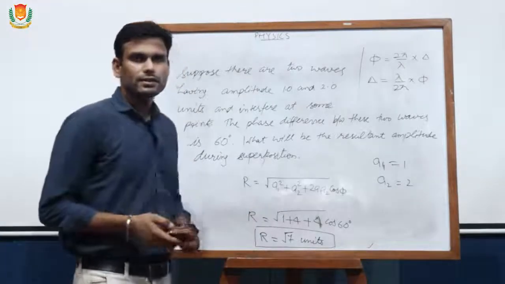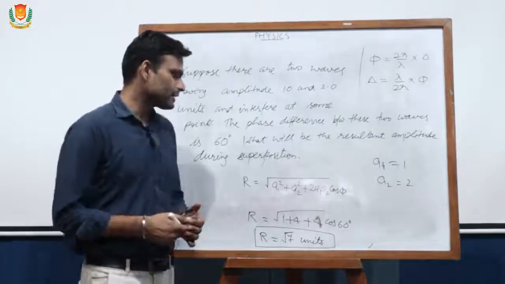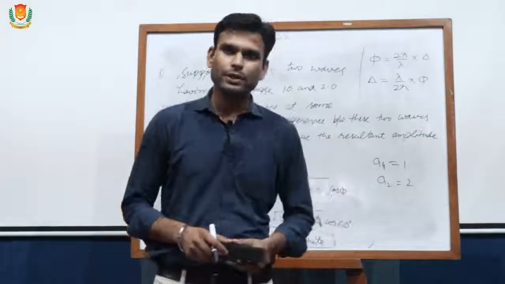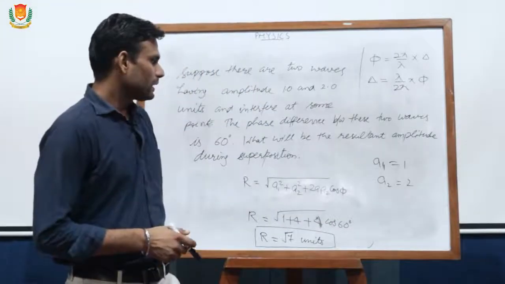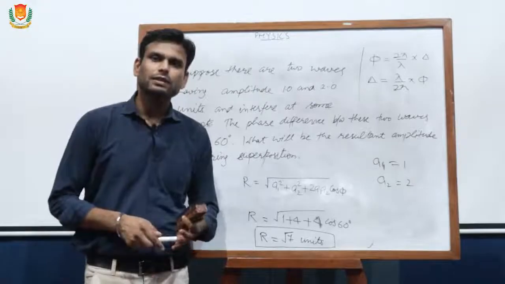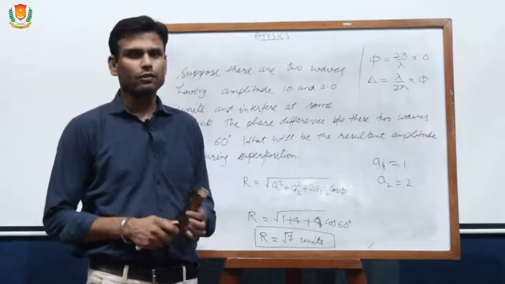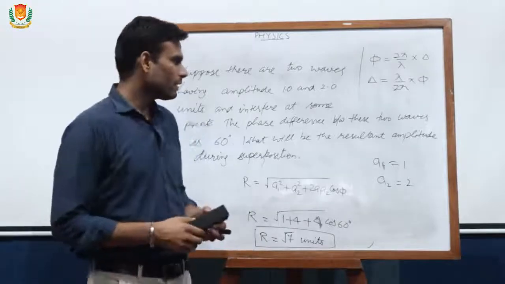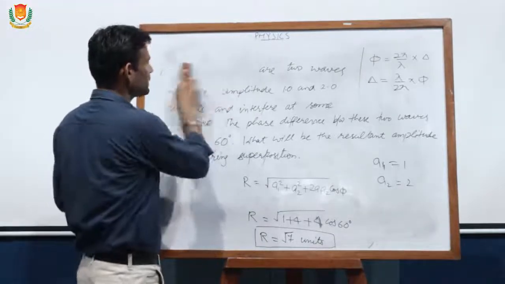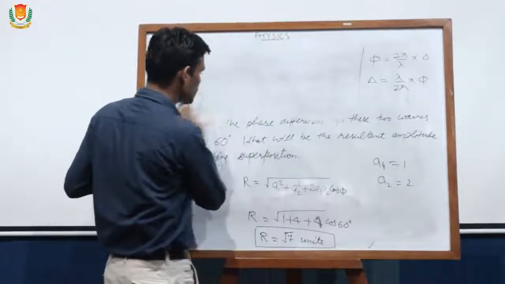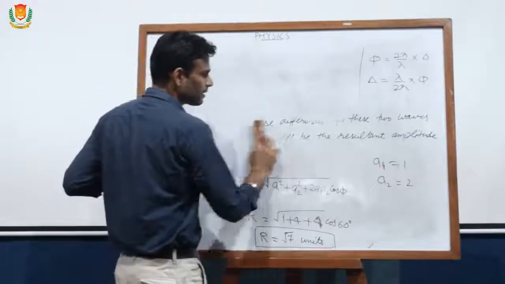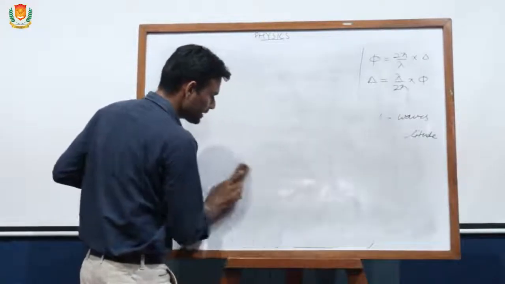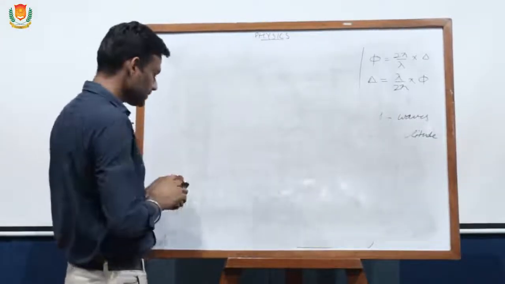Now we will discuss the next topic, which is based on division of wavefront and division of amplitude. Next we will see examples of interference produced by two phenomena. We have also discussed how we can produce two coherent sources. I discussed in the last lecture that we can produce two coherent sources in two ways.